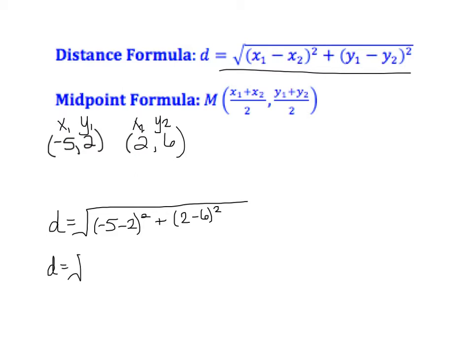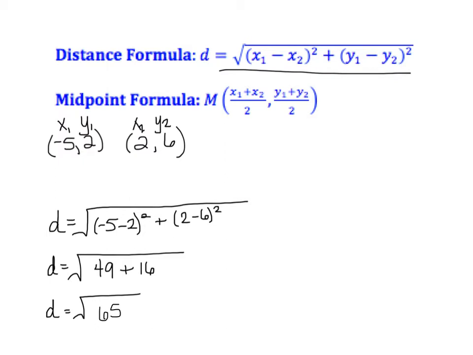So that distance is equal to the square root of, that's -7 squared is 49, plus -4 squared is 16, which is the square root of 65. It is okay with me to leave these answers in radical form.